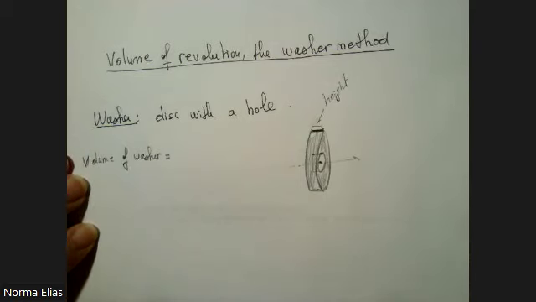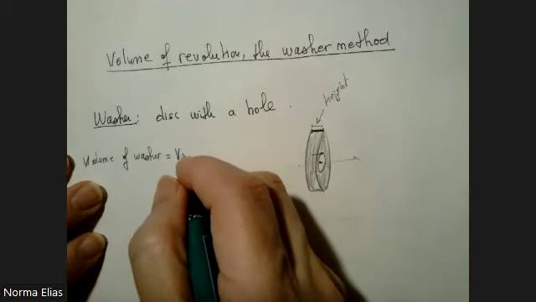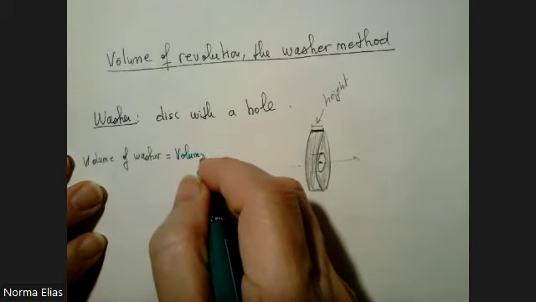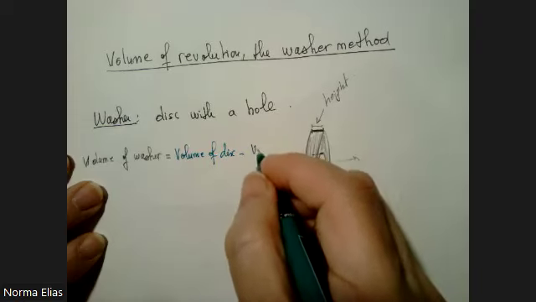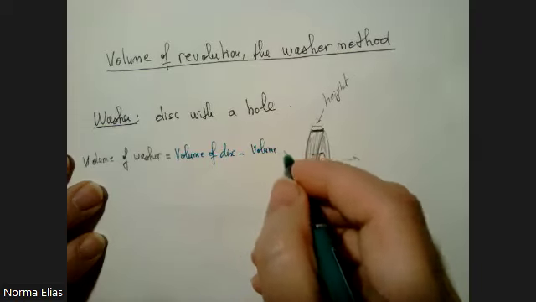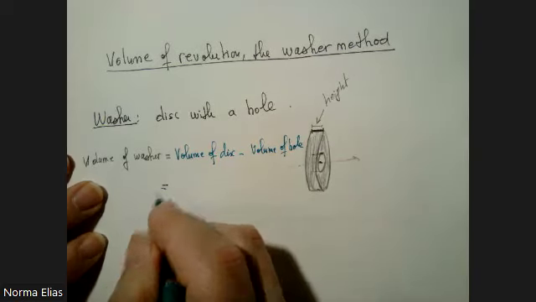Ideas? How would you find the volume of this washer? Volume of the disk minus the volume of the hole. Exactly. So volume of disk minus volume of the hole. Okay, very good.